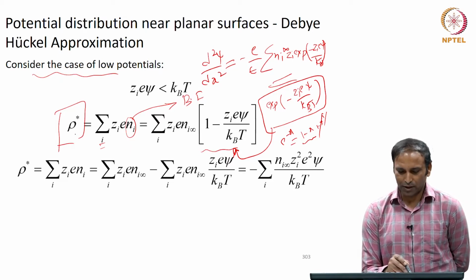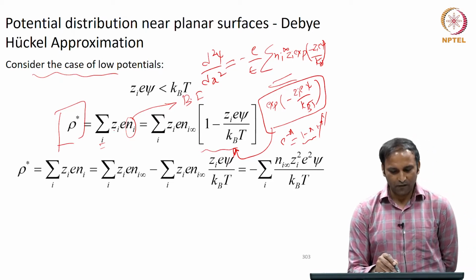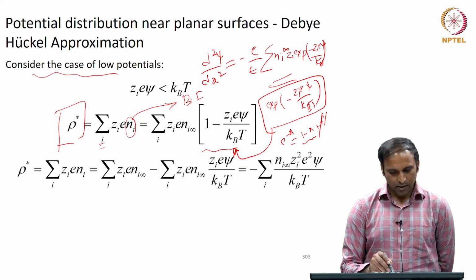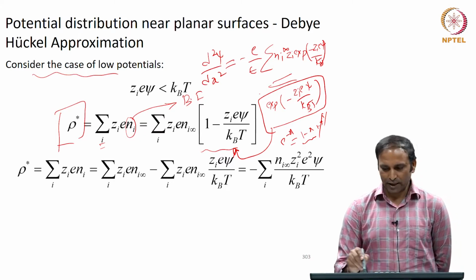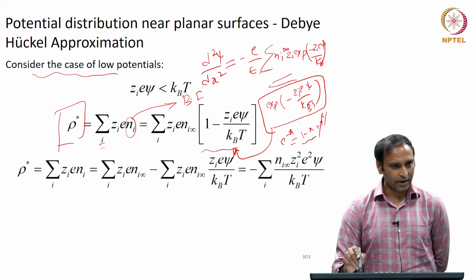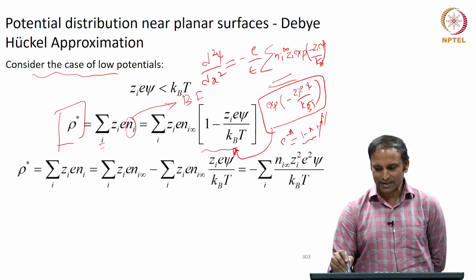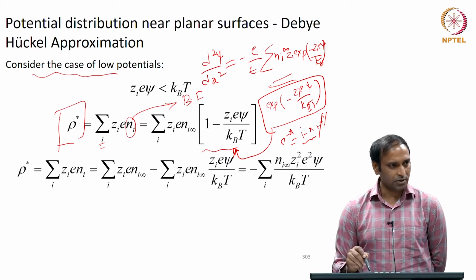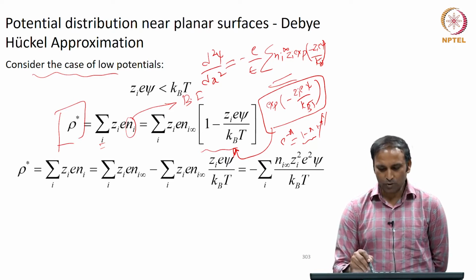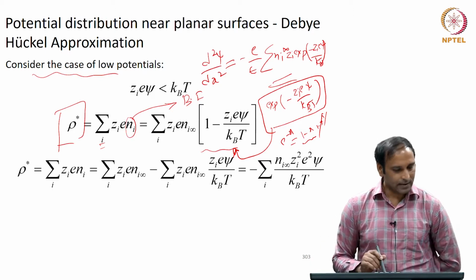Okay. I have only rho star. Rho star we wrote as sigma over i of Zi E Ni. Okay. Ni infinity I am supposed to write in terms of the Boltzmann factor. Okay. And there is an exponent minus Zi E psi by kBT term. Okay. I am going to write that as 1 minus Zi E psi divided by kBT. That is all we have done. Okay.